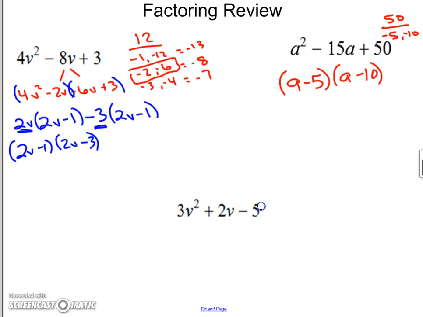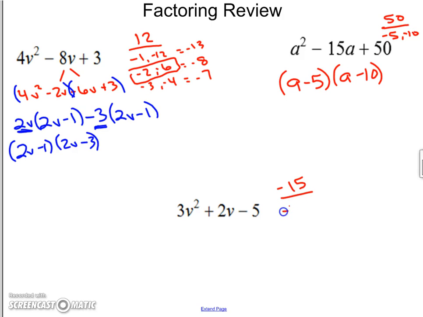So we're going to go 3 times a negative 5. Again, we look at both those. Those are not perfect squares. So 3 times a negative 5, negative 15. Now, since I have a negative, I know one is going to be positive. One of my factors is positive. One of my factors is negative. Since my B is positive, I know that my larger factor needs to be positive.